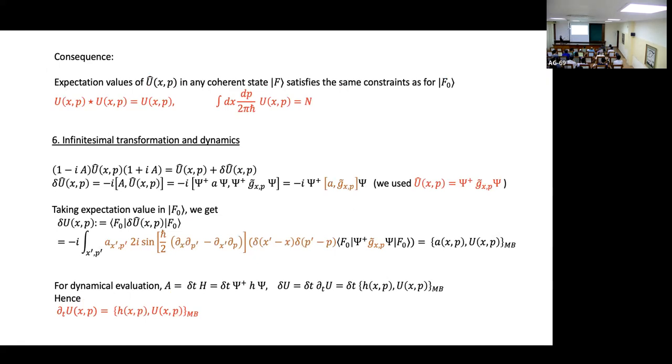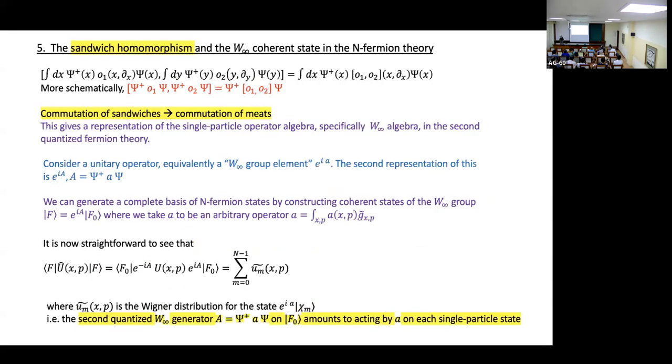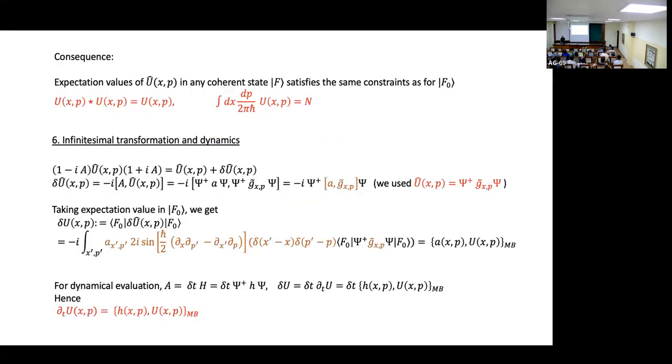As a result, this statement is true: U star U is equal to U again, and the integral of U is equal to N, exactly like you did for U naught, because now it's again a sum over N single particle distributions of orthonormal states. So I have proved this. I have not given much time to this, but this is indeed the proof.